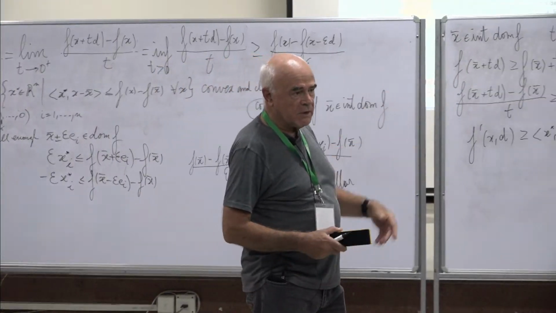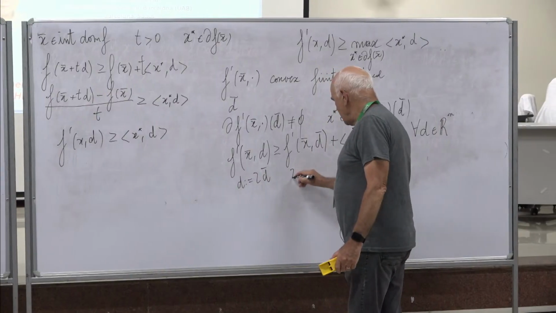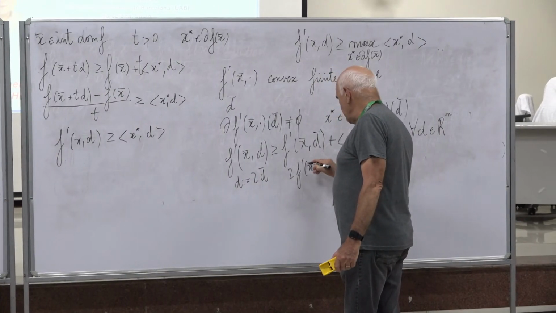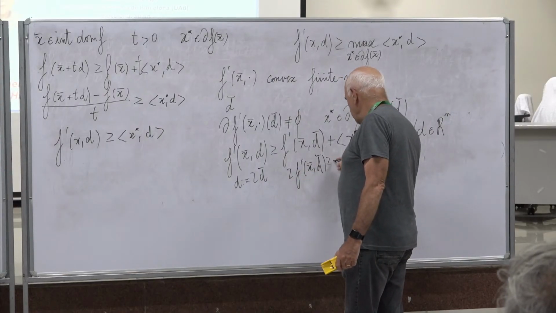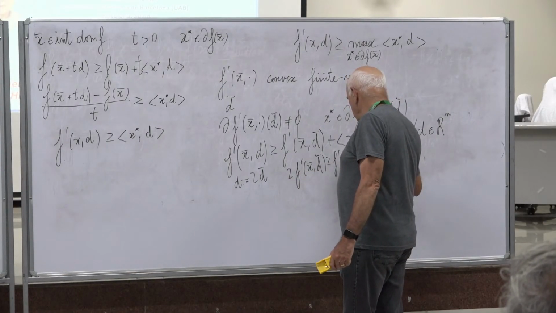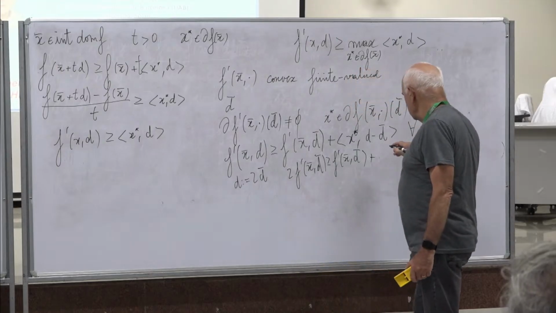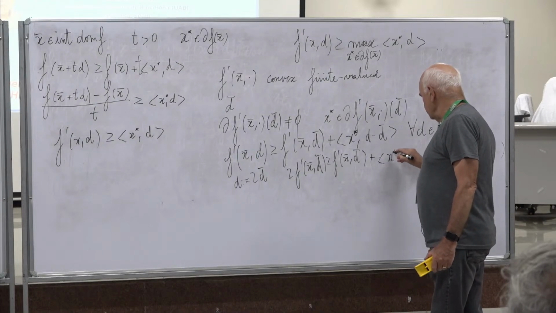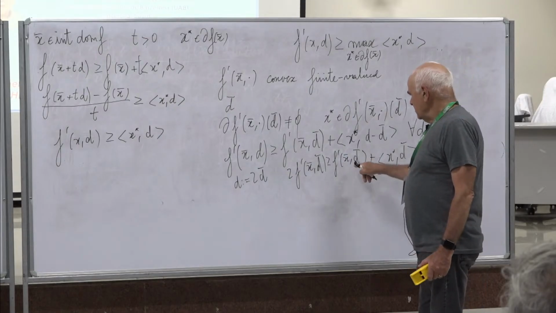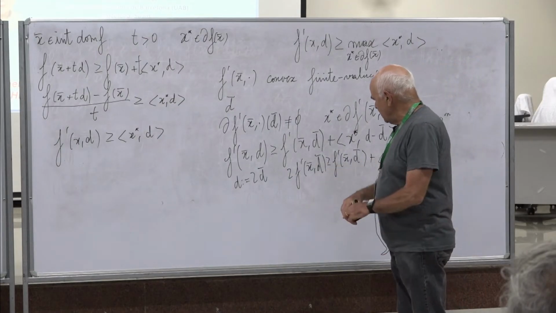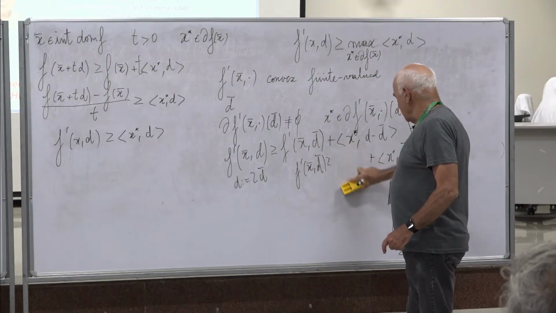So this means that twice f'(x bar, d bar), because the two came out, is greater than or equal to f'(x bar, d bar) plus x star d bar. Moving this to the left-hand side, I am left with this inequality.